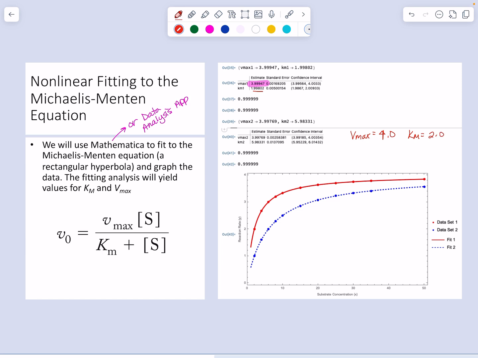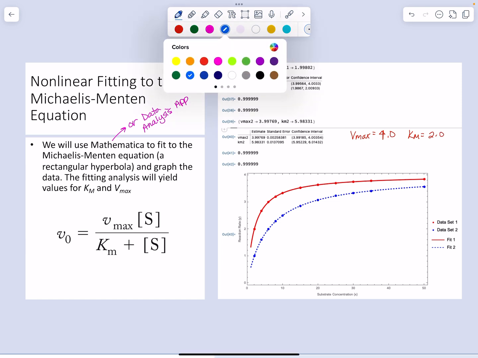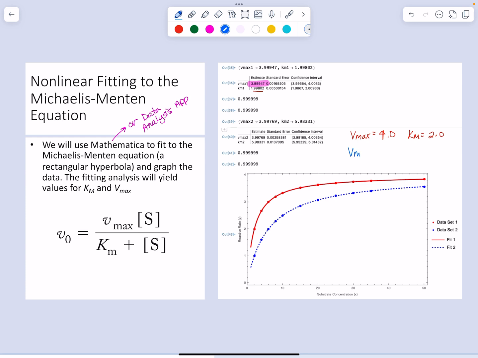Okay, and then for data set number 2, Vmax is equal to 3.997, so that's more rounding to 4, and our Km is equal to 5.98. So let's call that, I'm just going to round everything to 6.0.